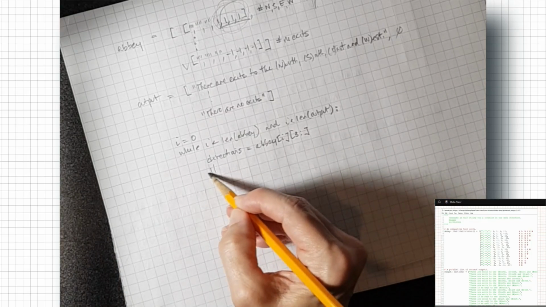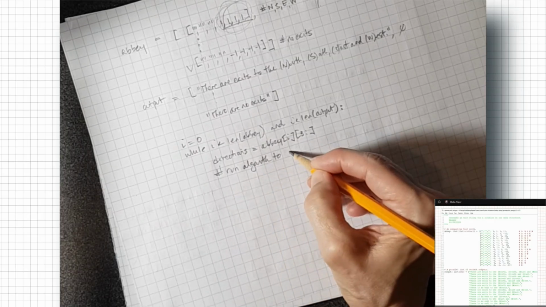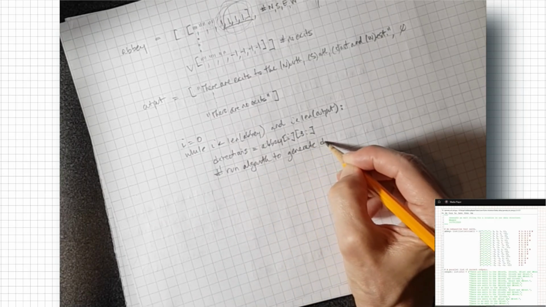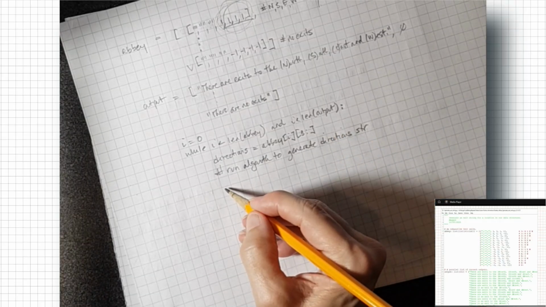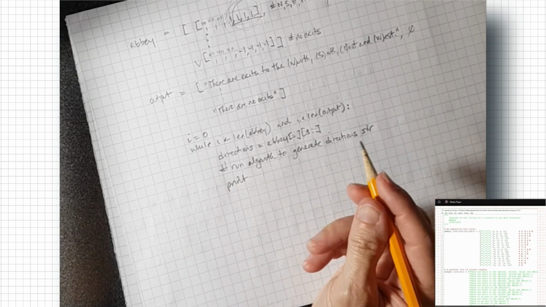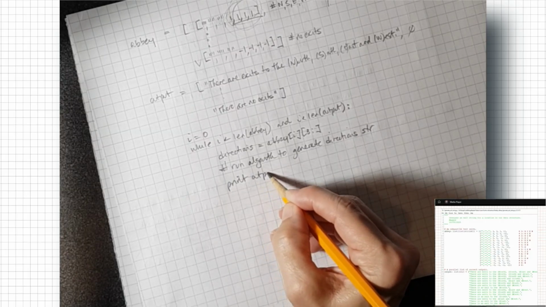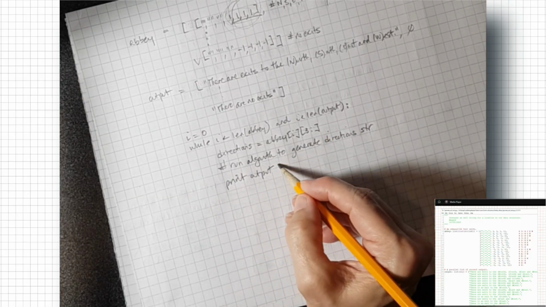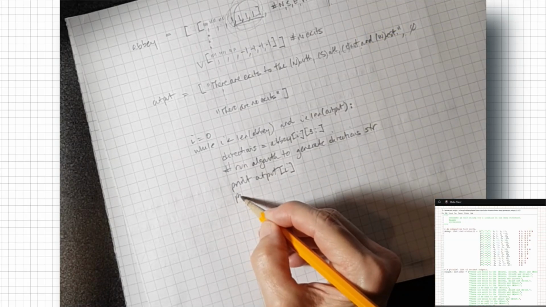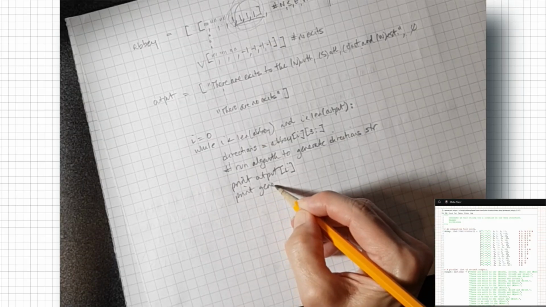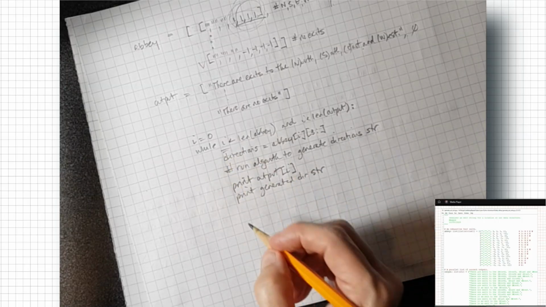And then I'm just going to put a comment, run algorithm to generate directions string. And then print, or we could actually do a comparison, right? We could check if they're equal, but print output sub i, because that's the parallel element, and print generated direction string. And then, importantly, increment i.